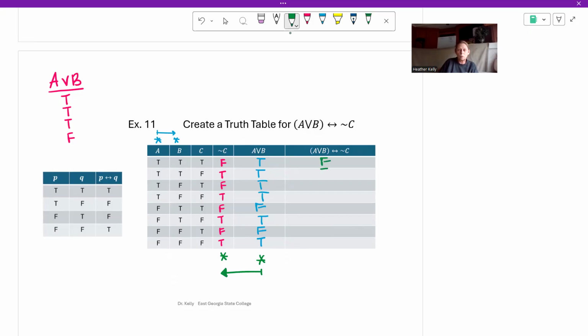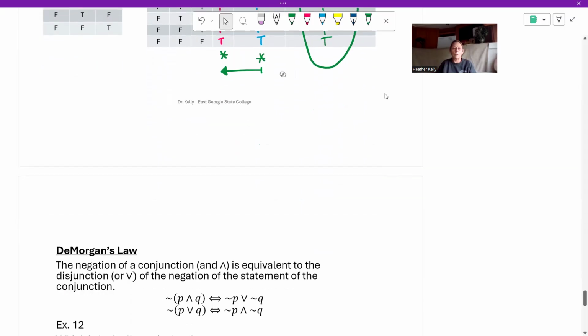True, true, true. True, false, false. True, true, true. False, false, true. True, true, true. False, false, true. True, true, true.